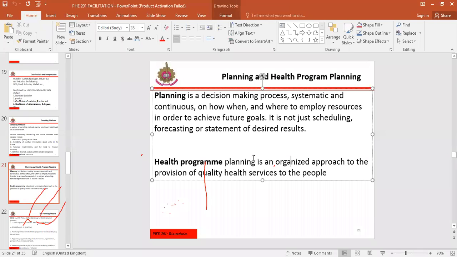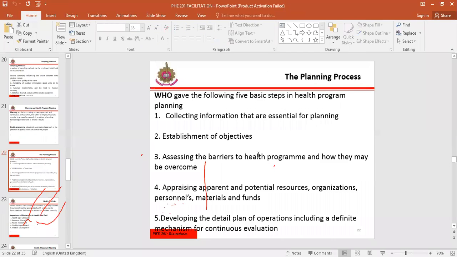Now, health program planning is an organized approach to the provision of quality health services to the people. According to the World Health Organization, they gave the following five basic steps for a health program to be planned. The first one is the collection of information that is essential for planning. You have to establish your objective.